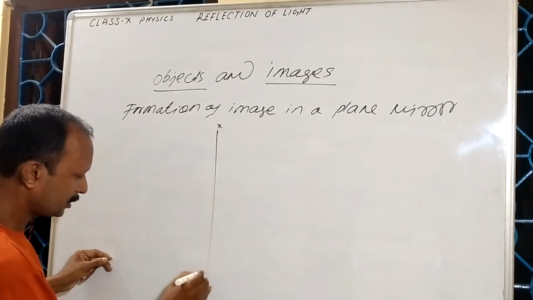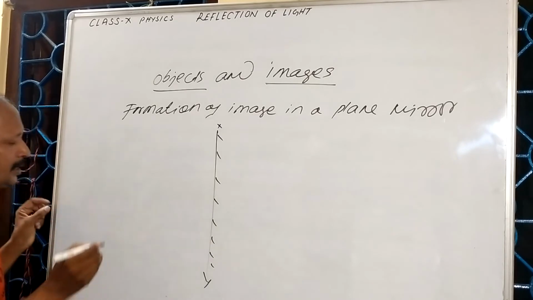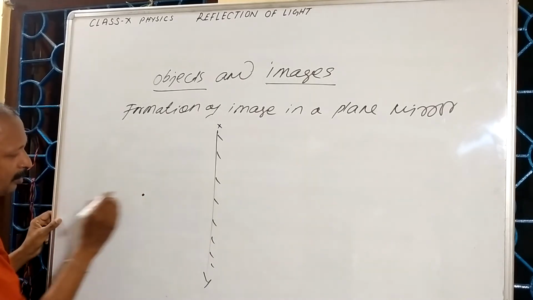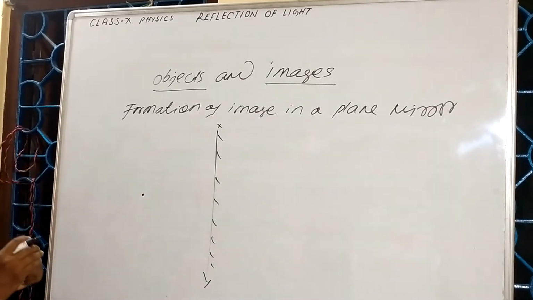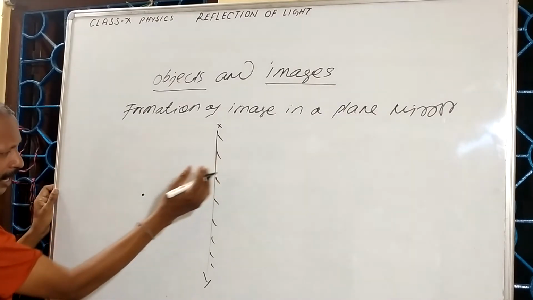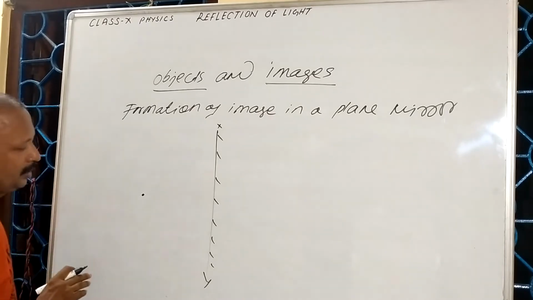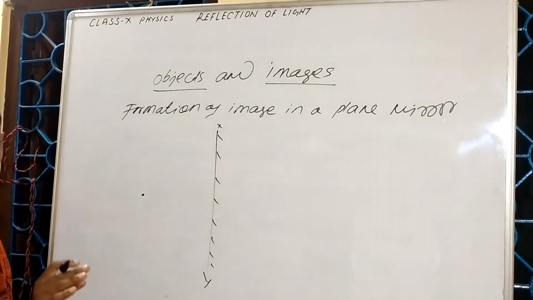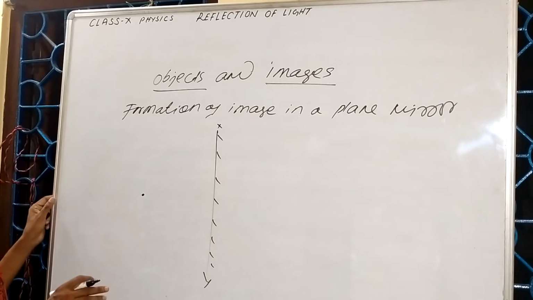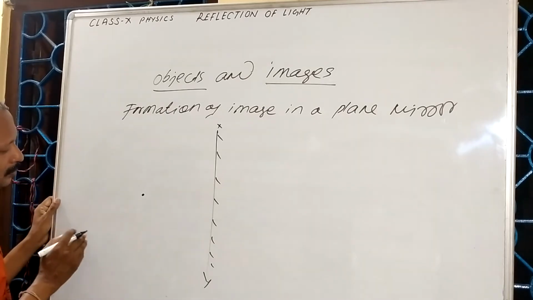Suppose XY is the plane mirror. This is the back side of the mirror. This is one point object. From this point object, light falls on the mirror and is reflected.